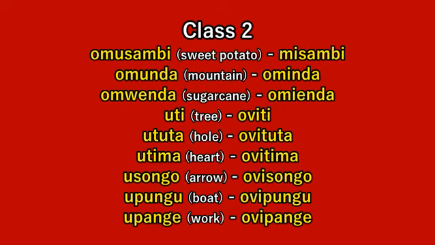Class 2 typically includes, as in most Bantu languages, vegetation, plants, trees, a few natural items, very hard to say. Omusambi is a sweet potato, omisambi in the plural. Umunda is a mountain, ominda are mountains. Omwenda is sugarcane, omienda in the plural.